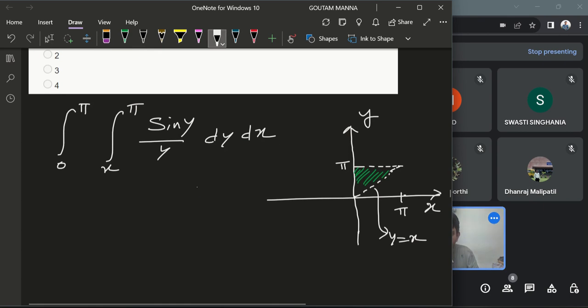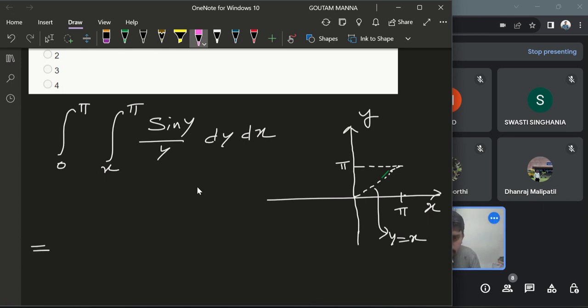Doing this integration of sin y by y will be problematic. So for that, what we will do is we will shift the limits. Here they are doing the y integration first.